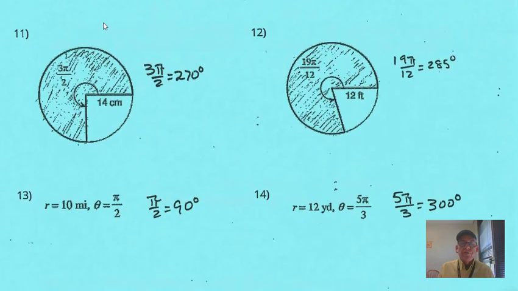Let's look at number 11. 3 pi over 2 is the same as 270 degrees, which is like 3/4 of the circle. So sector area is going to be 270 over 360 times pi r squared, 3.14 times 14 squared.